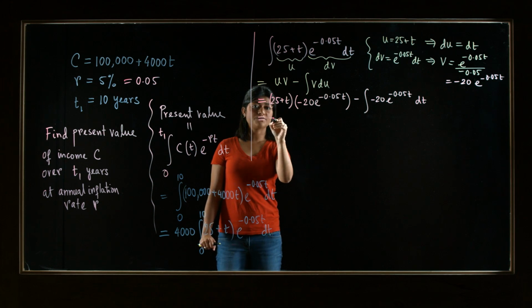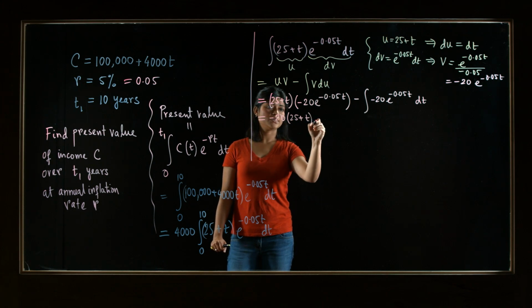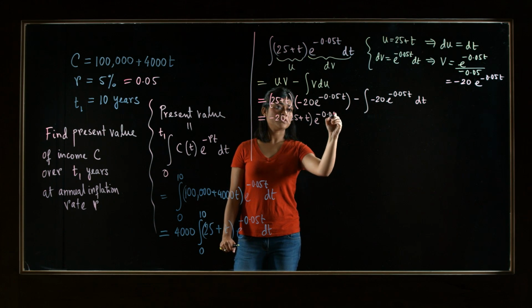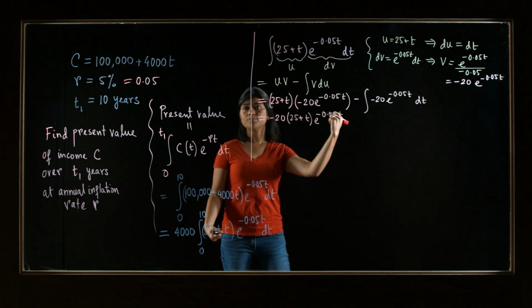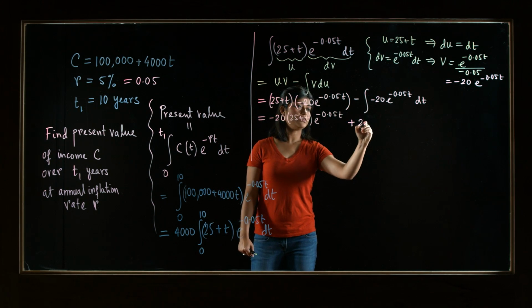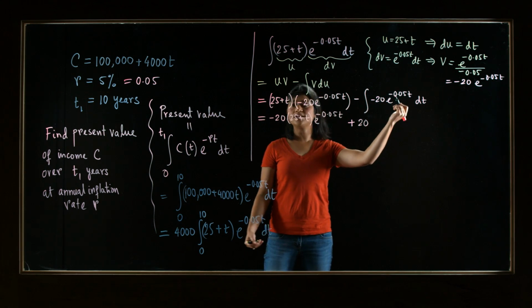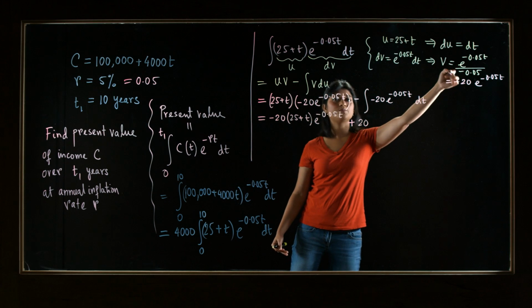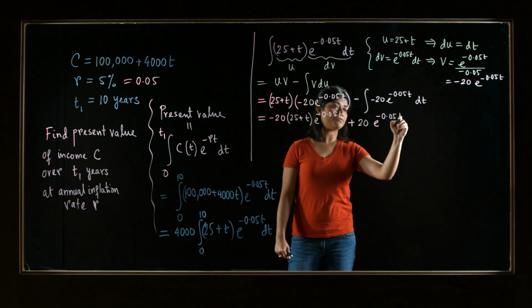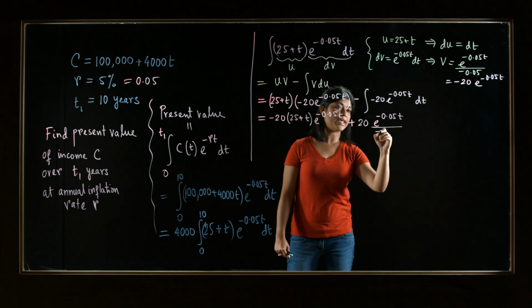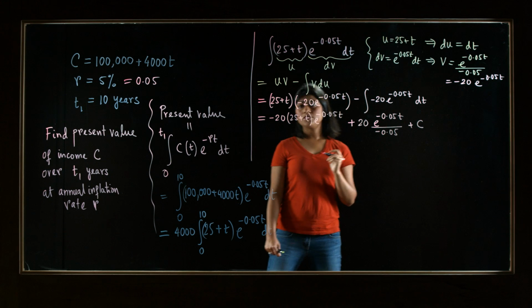Here you see there's a -20 and then 25 plus t and the exponential function as the first term. For the second term, you see this negative and this negative makes it a positive. 20, you can take it outside, it's a constant, and then you integrate e to the -0.05 t the same way as before, and it will be e to the -0.05 t divided by -0.05, and then plus the constant of integration.